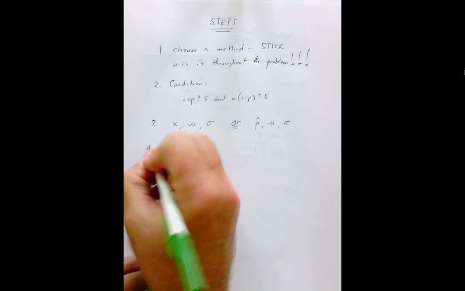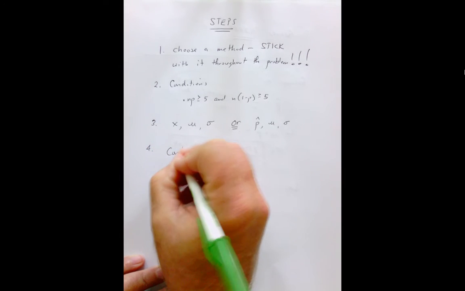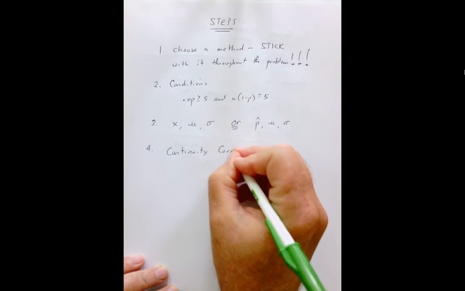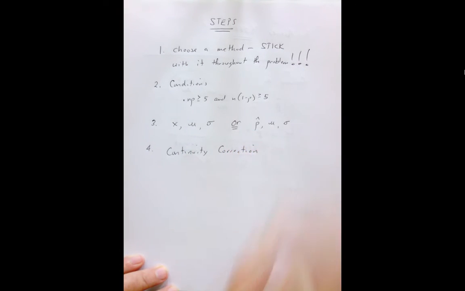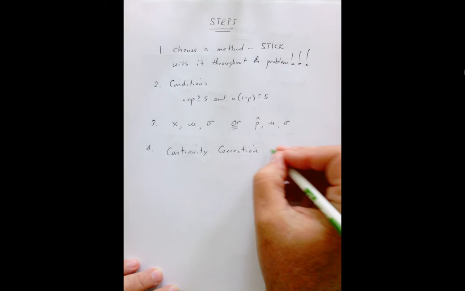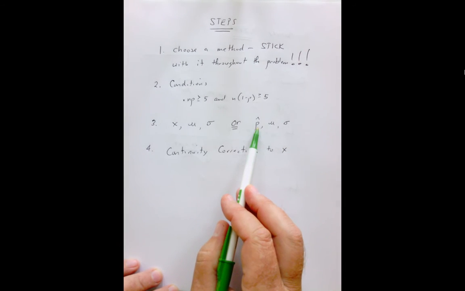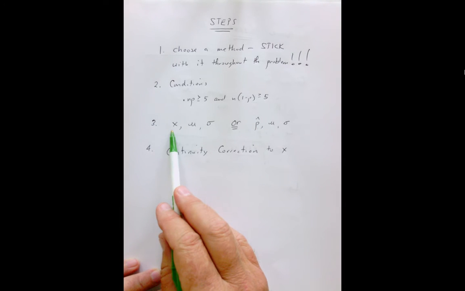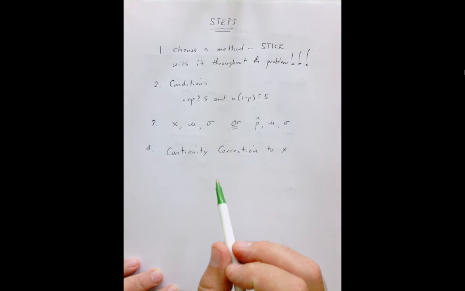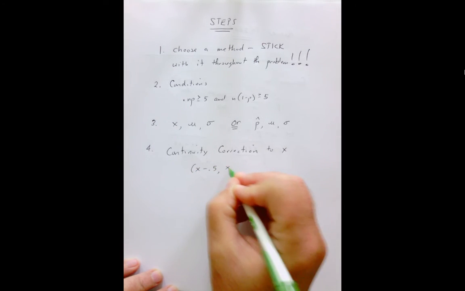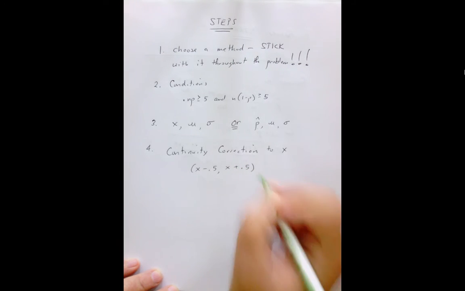The fourth thing, implement the continuity correction to x. P hat's a function of x, so it'll affect that value. X is clearly a function of x because it is x. Calculate that new value. Remember, x minus 0.5, x plus 0.5.